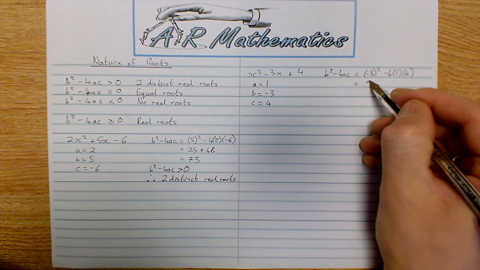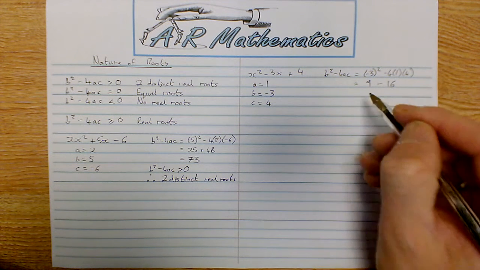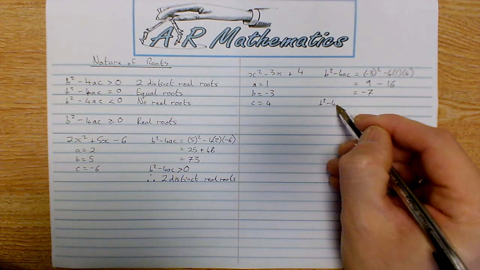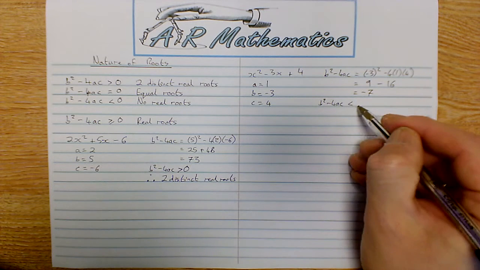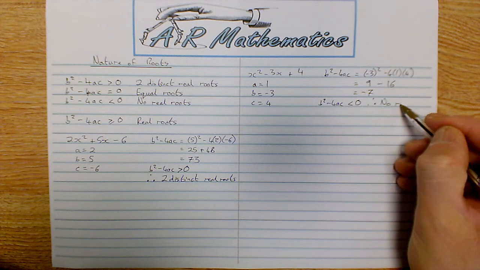Minus 3 squared is positive 9. Take away 4 times 1 times 4, which is 16. That gives me minus 7. So b squared minus 4ac is minus 7, which is less than 0. Therefore, there are no real roots.